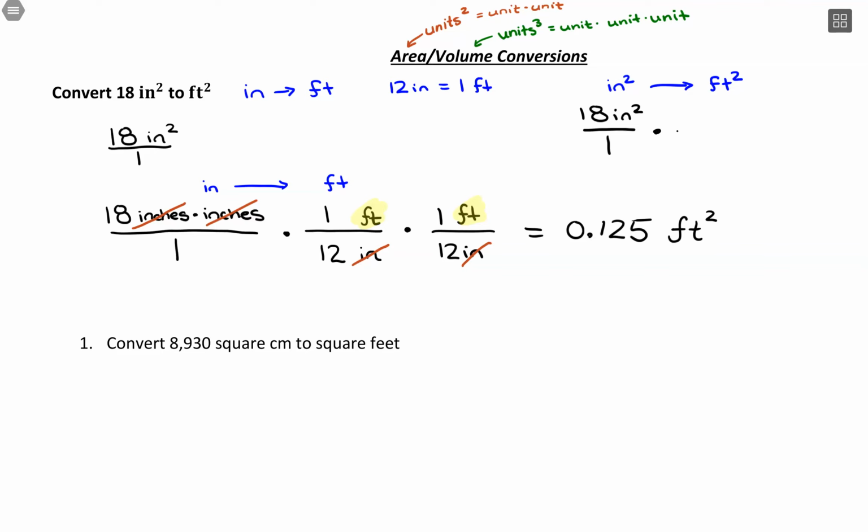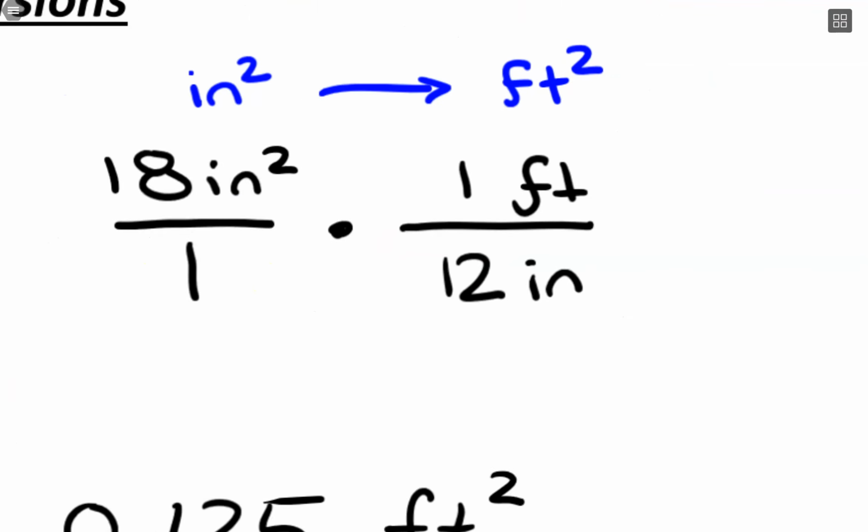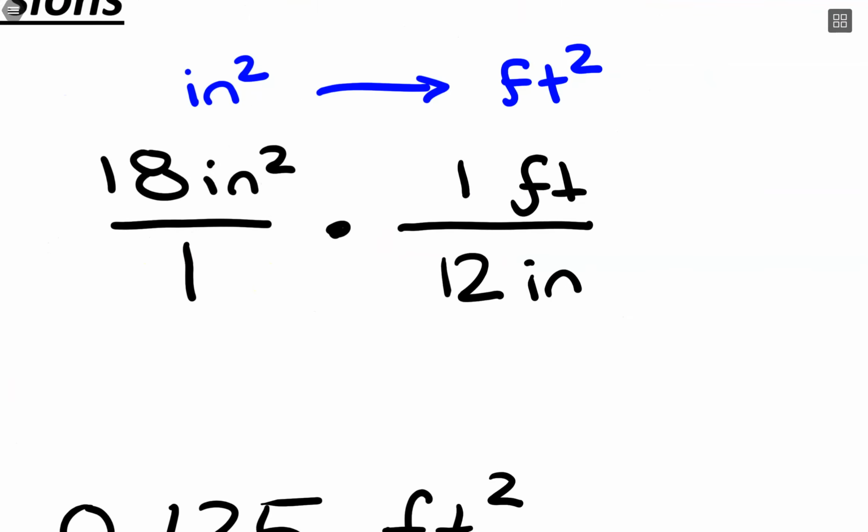What I could do is use the conversion, the feet in inches, that 1 foot is equal to 12 inches. But to make this squared, you would square every single piece in here. So you'd square the number, you'd square the units. Square the number, square the units.